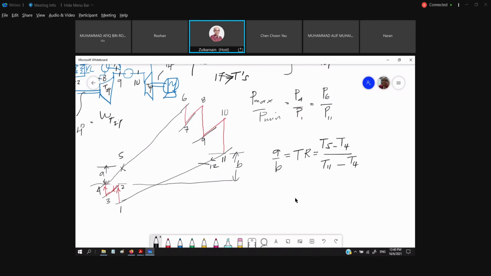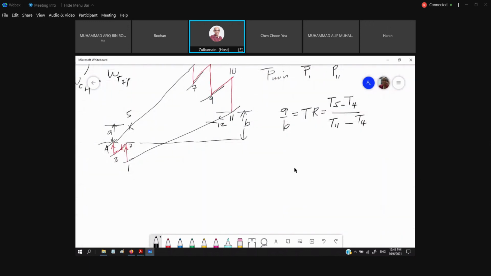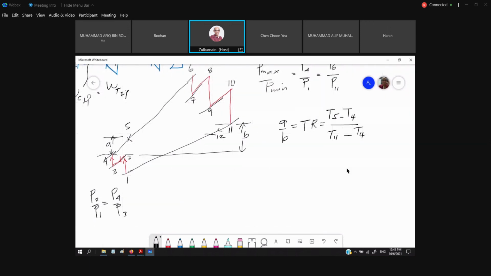And looking at the relationship between the pressure ratios for the compression side, we have P2 over P1 equal to P4 over P3. So this is the pressure ratio on the compression side. If you look at the pressure ratio relationship at the expansion side, at the turbine, what we have is P6 over P7.